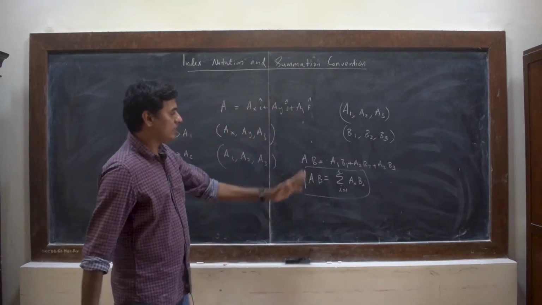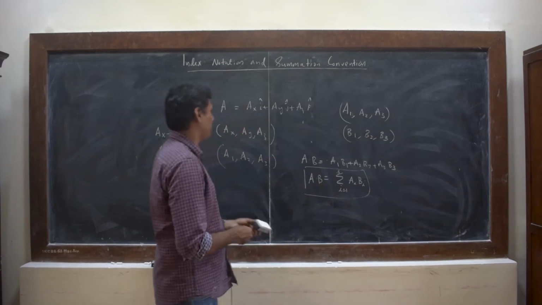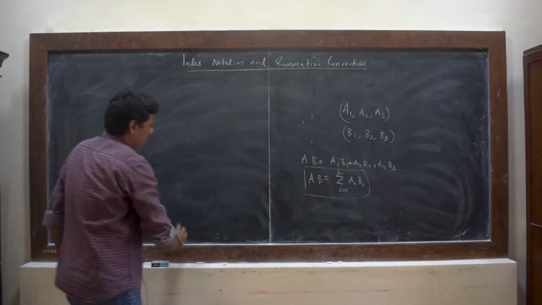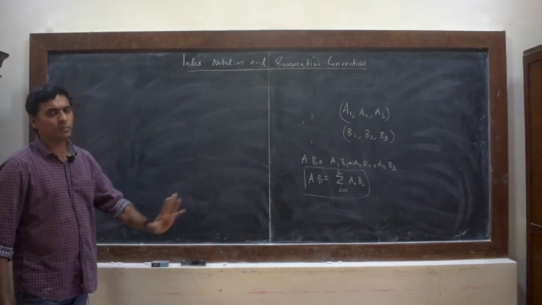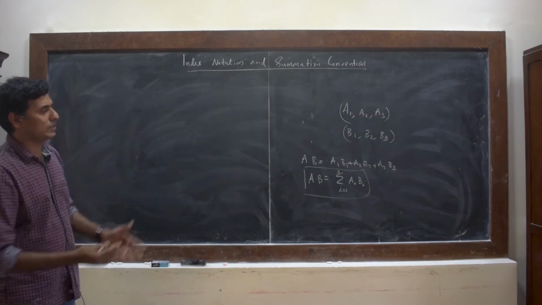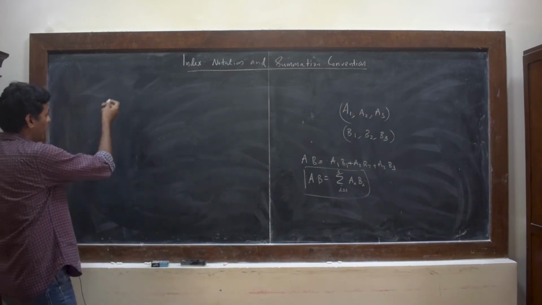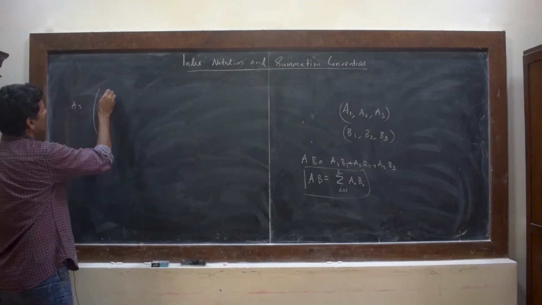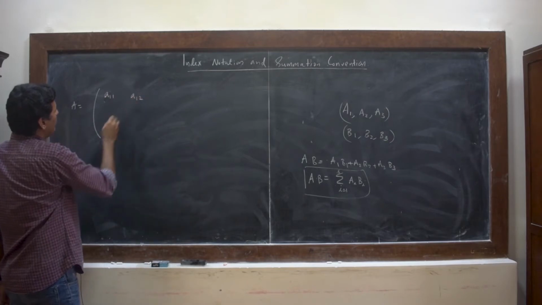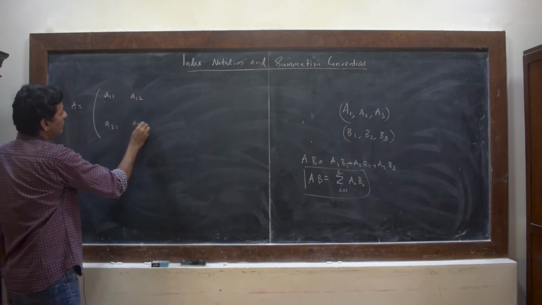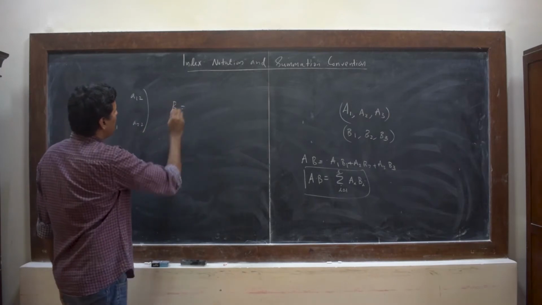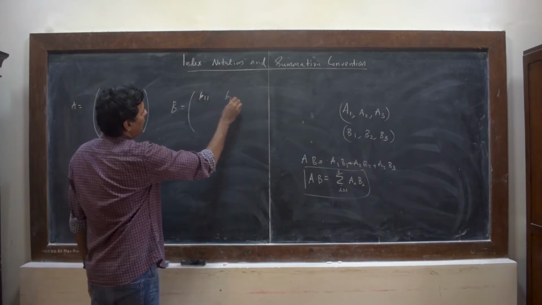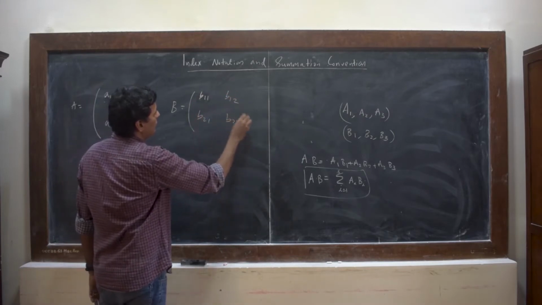Just keep it like this, and suppose you have two matrices, for example. I am restricting myself to 2 cross 2 matrices because it's quite easy to handle, very easy to write rather. So you have a matrix A which is equal to A11, A12, A21, A22, and you have another matrix B which is equal to B11, B12, B21, B22.